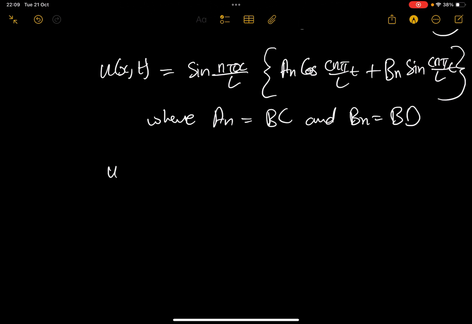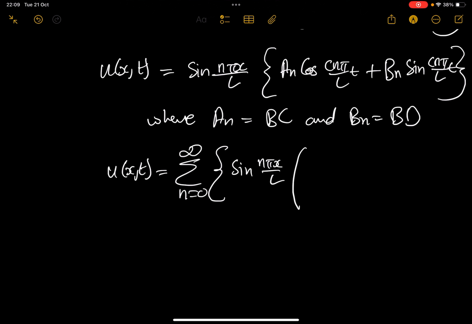So we can rewrite u x t as the sum from 0 to infinity of sine n pi x over L times a n cos c n pi over L t plus b n sine c n pi over L t, where this is t, this is L, right?